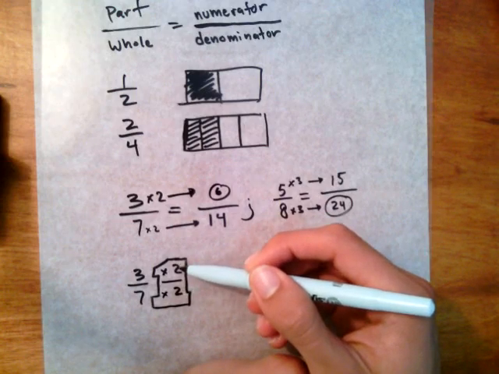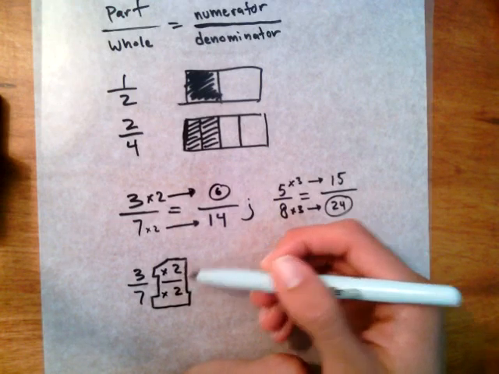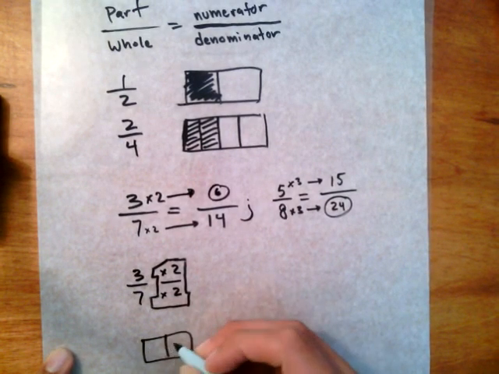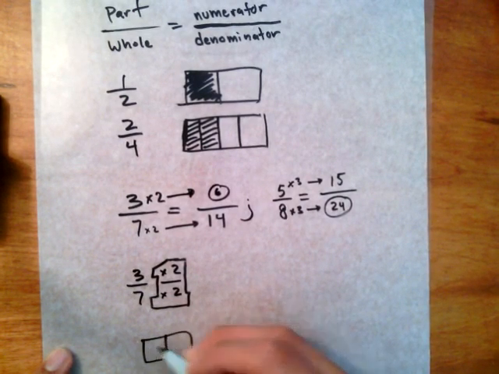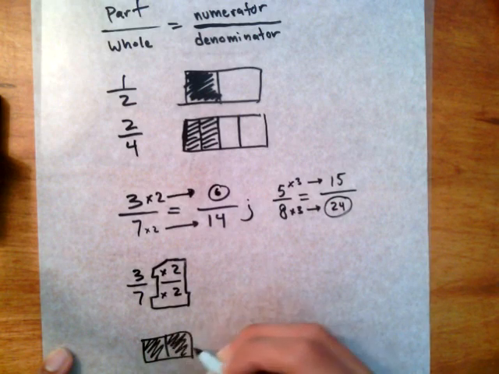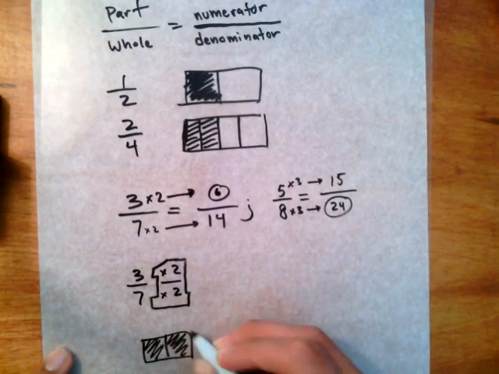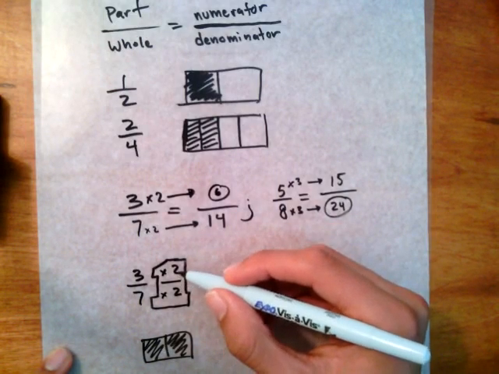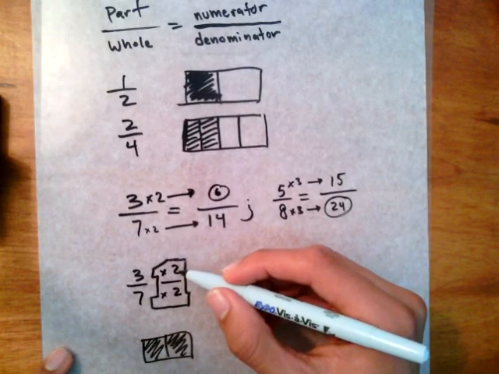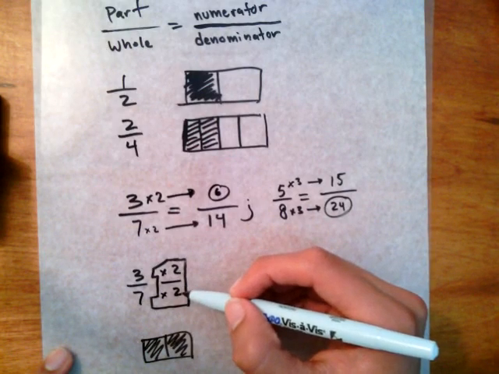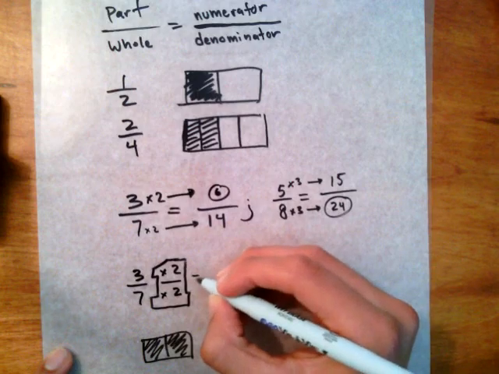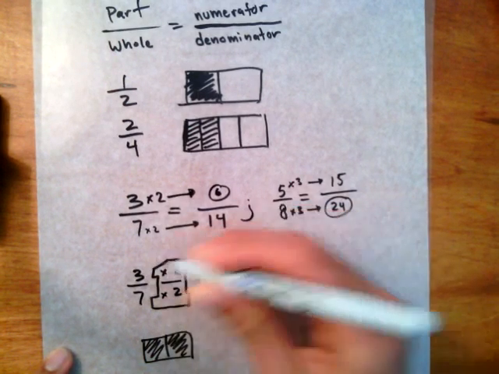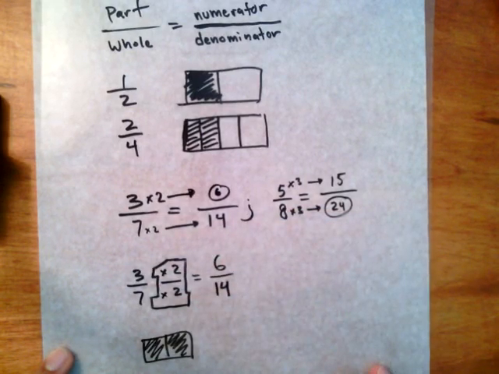Because 2 over 2, if you were to look at that as a rectangle, is basically a rectangle that's broken up into two portions where both portions are shaded. And that would signify a rectangle that is completely shaded. So by doing this multiplication to both the numerator and the denominator, that leaves our fraction unchanged, and therefore we establish an equivalent fraction.